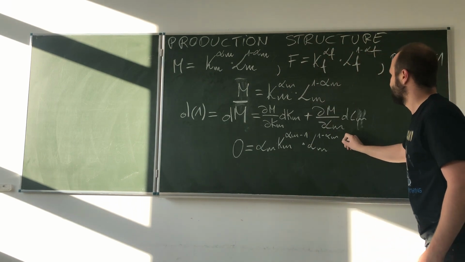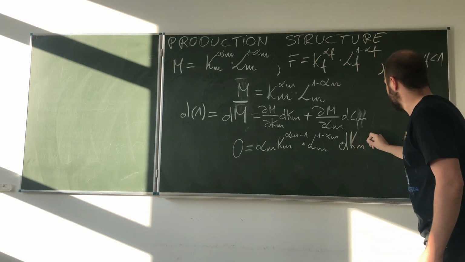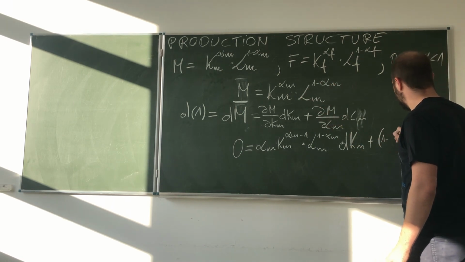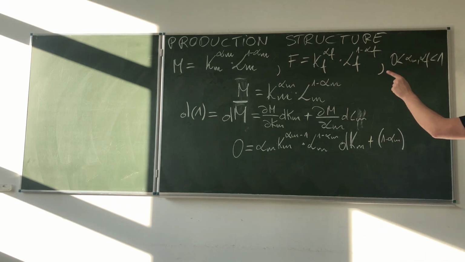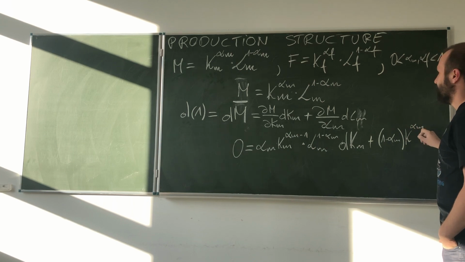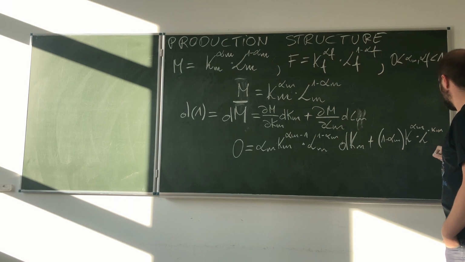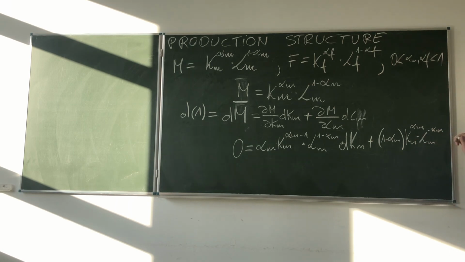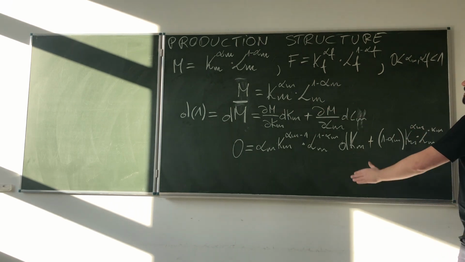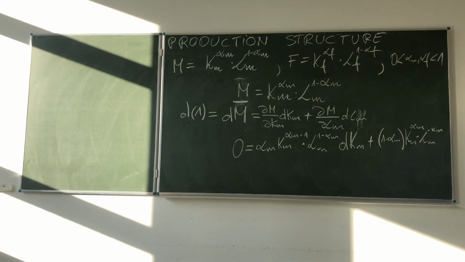Right? Then we've got dkm plus the partial derivative of this, which will start with 1 minus alpha m times Km to the power alpha m times L to the power negative alpha m, right? Because here we also subtract 1, because we calculate the derivative. So we're just left with negative alpha m, and of course we multiply this by Lm.